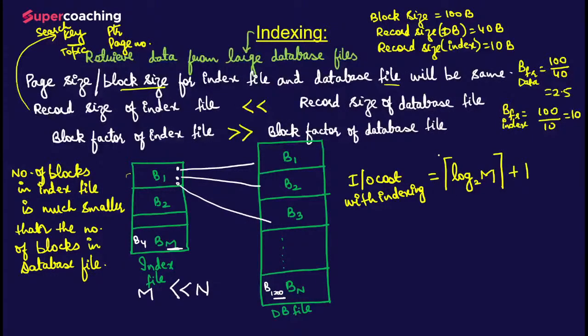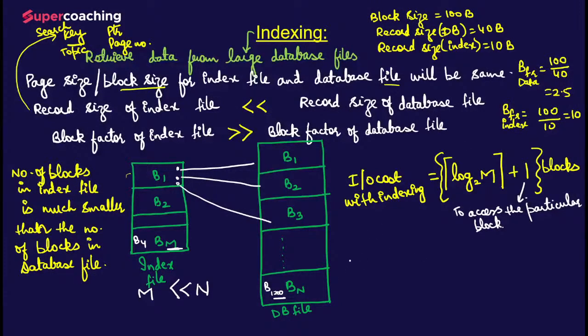In order to access this particular page, where the data is available, I'm adding here 1. These many blocks we need to refer. So this plus 1 is to access the particular block.